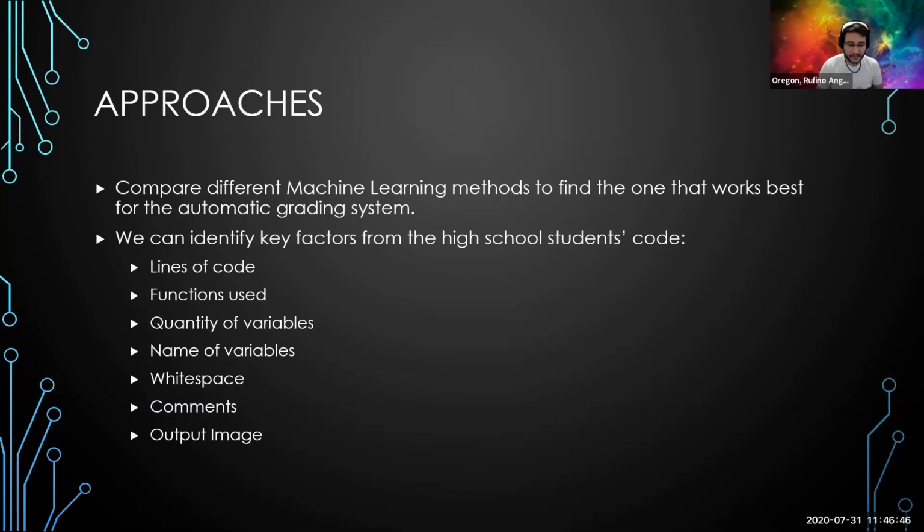From the code that the students create, we can assign weighted values to some of the key features in the code. That is the lines of code, functions used, quantity of variables, the names that the variables have, the white space, comments, and the end result, which is the output image.